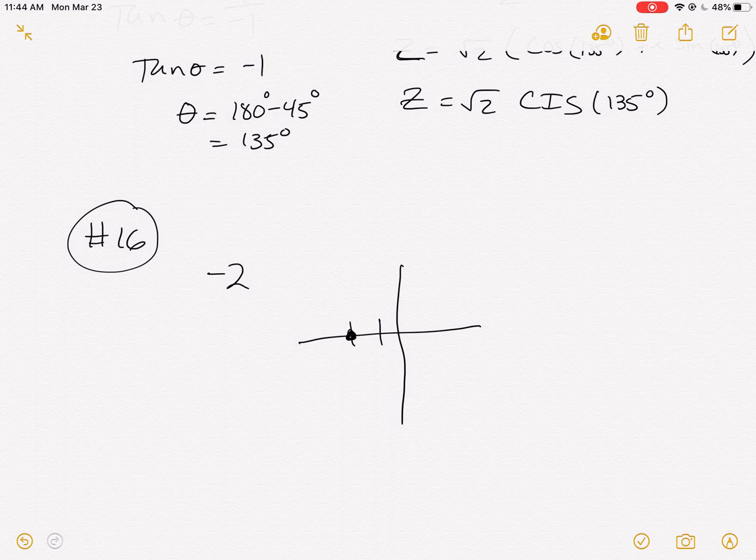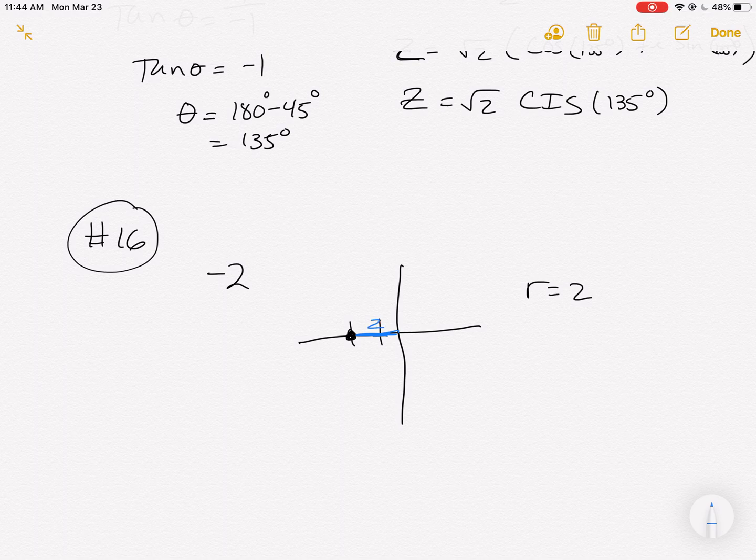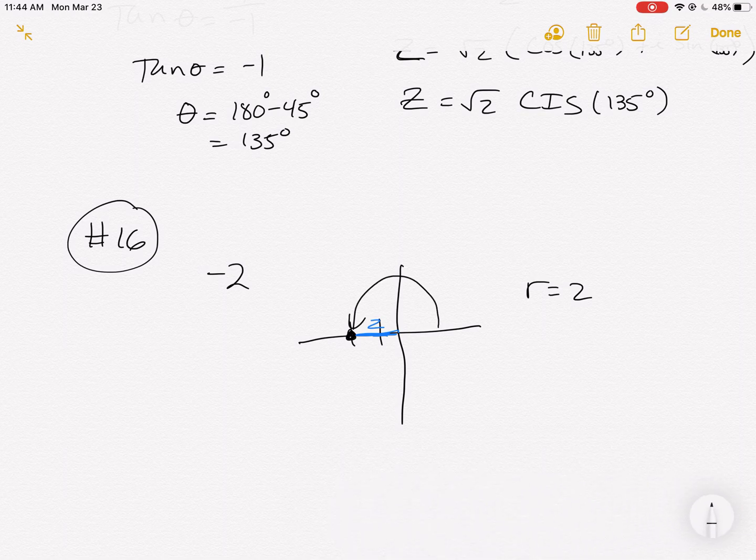You can see that the r is flat out 2. There's a distance of 2 from here to here, and that's all r is, the distance from the origin to the point. So we don't have to go through the formula if we understand it. So r is 2, and the angle is this angle right here, which is 180 degrees.